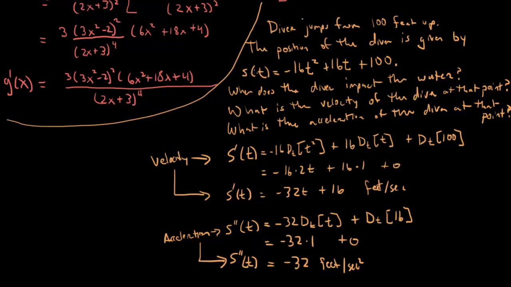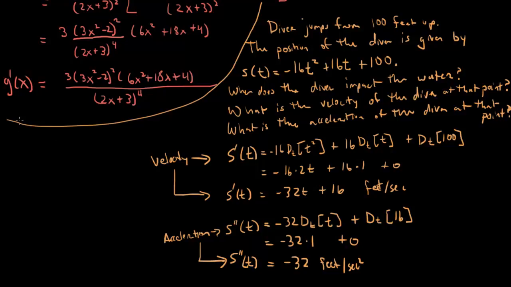If we set s of t equal to 0, that's going to give us the point where the height of the diver is 0, also known as where the diver hits the water. The height is 0 when it impacts the water.